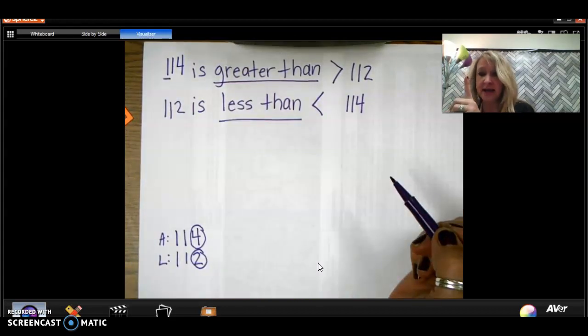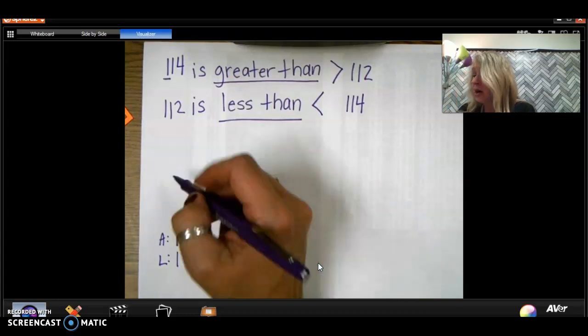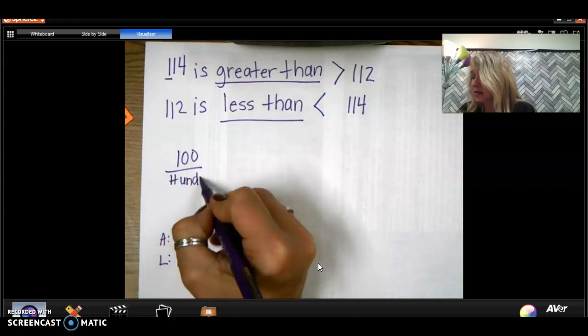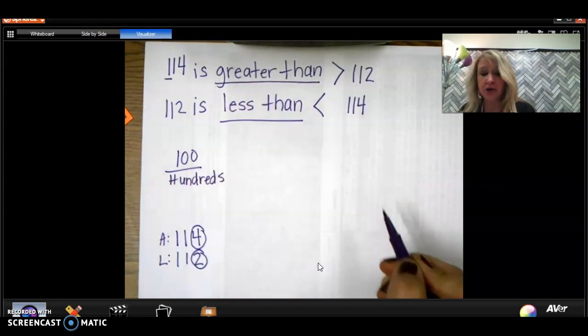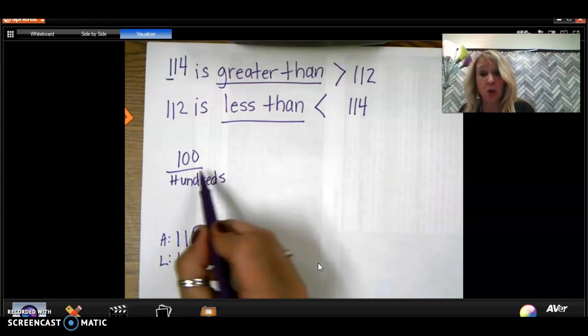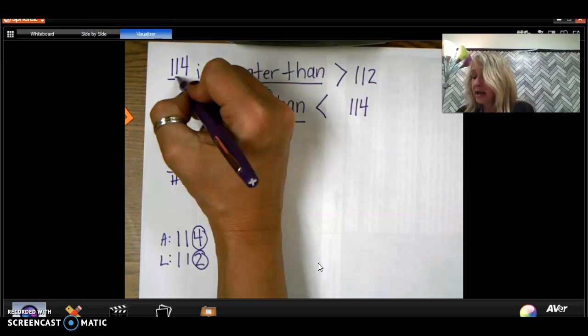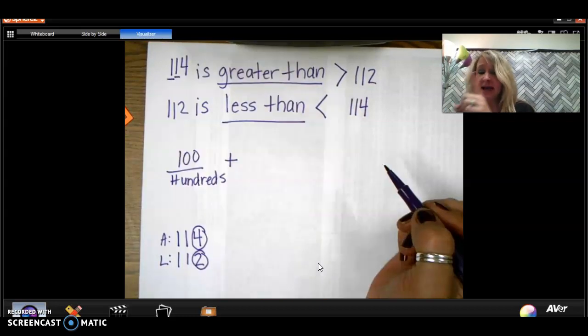There's 100. How much is 100 worth? 100. So this is my hundreds. Oh, I got a little crooked. Hundreds. We're going to write it in expanded form. Plus, how many tens? 10. How much is 10? 10.